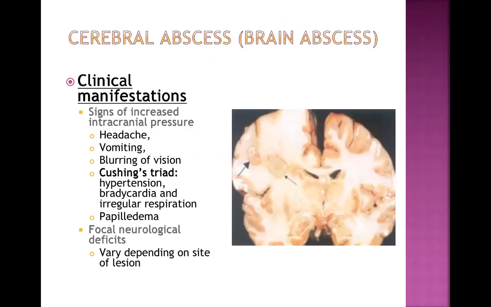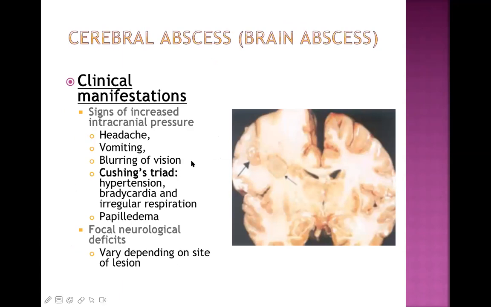Now, what are the clinical features or clinical manifestations of brain abscess? Brain abscess is a space occupying lesion inside the brain. That means it will definitely lead to increased intracranial pressure. So there are certain signs of increased intracranial pressure, which are headache, vomiting. This vomiting is usually a projectile type of vomiting.